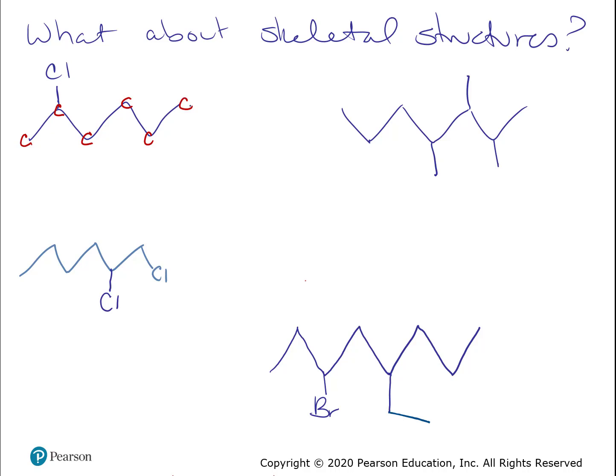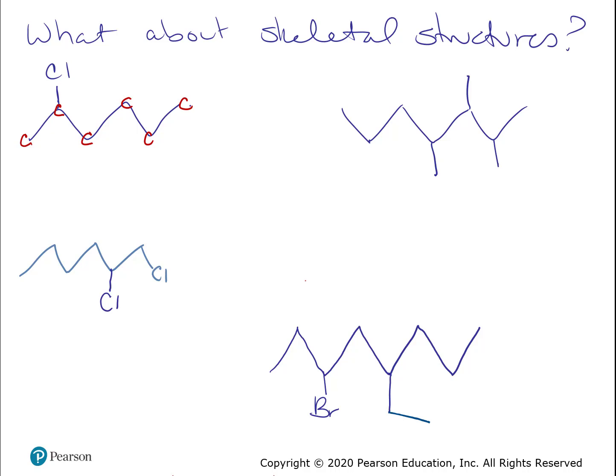But the one at the end where the chlorine is, there's not a carbon on the end. That represents the bond to the chlorine. So for a skeletal structure, every corner and every end is a carbon unless it's attaching to a halogen. So chlorine, fluorine, bromine, iodine, at the end of that line is the halogen.